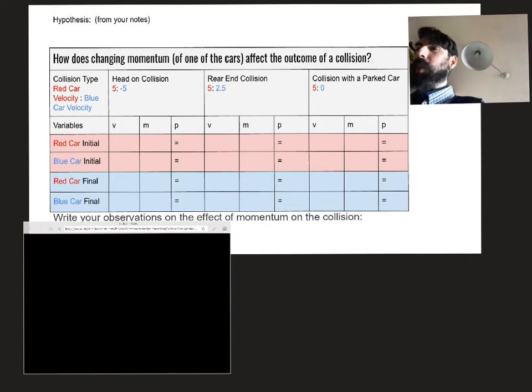And what we're really changing is initial or starting velocity. And what we're really going to measure is final velocity in a crash.